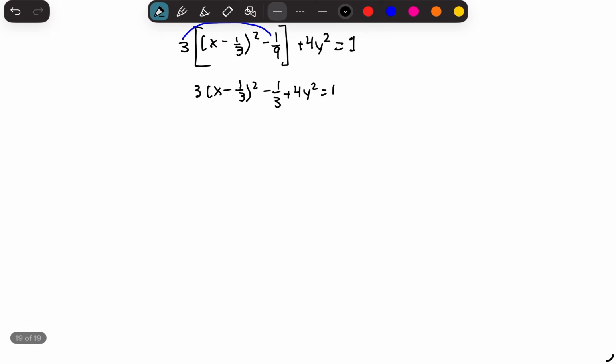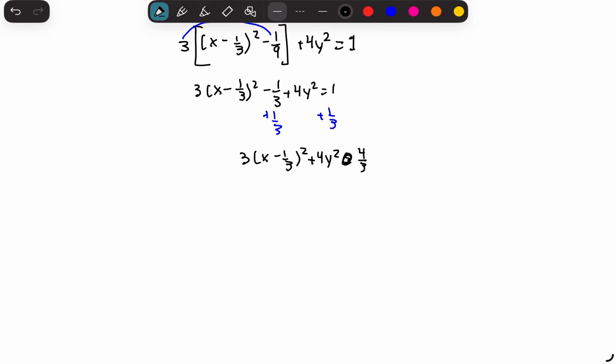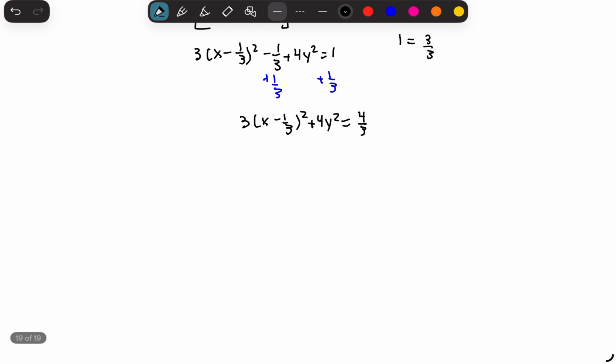And now you're going to add 1 over 3 to both sides. And after this, you have 3 times x minus 1 over 3 squared plus 4y squared is equal to 4 over 3 because 1 is equal to 3 over 3. 3 over 3 plus 1 over 3 is 4 over 3.